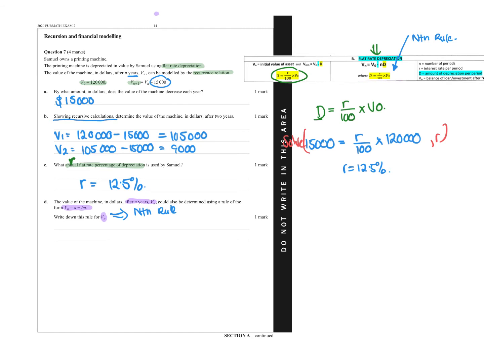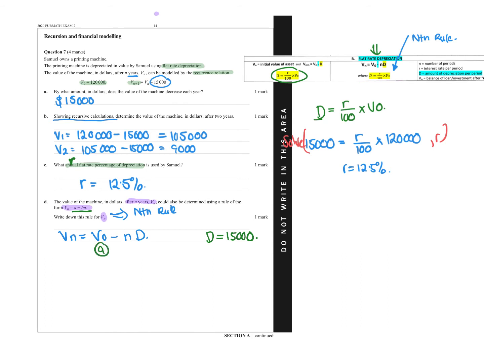So you can see if I wrote out the basic one, Vn equals V0 minus n times D. So we know what D is. D equals 15,000. So when they wrote it out like that, that's fine.